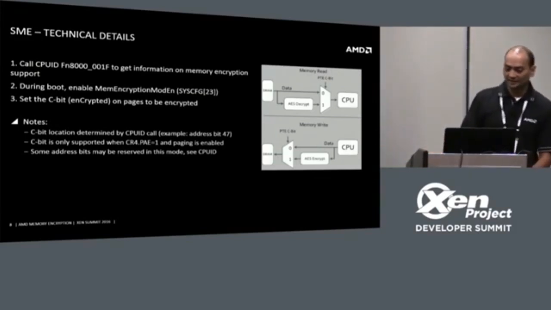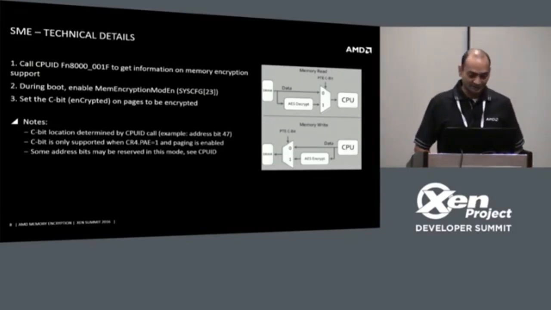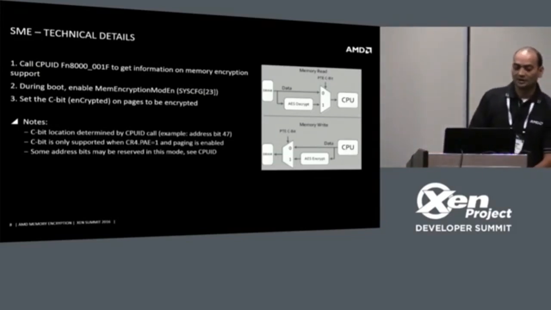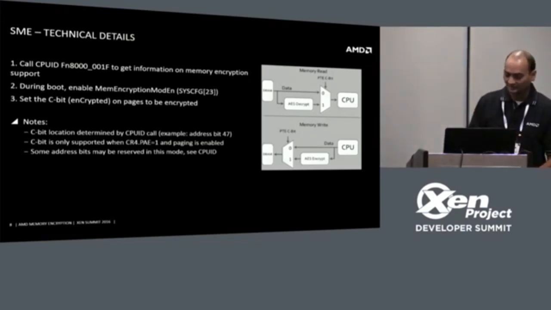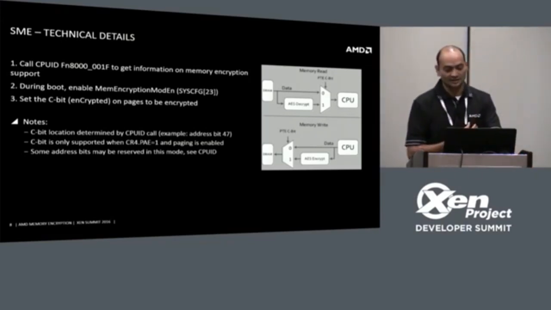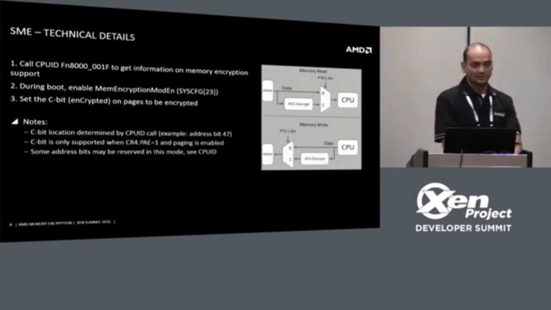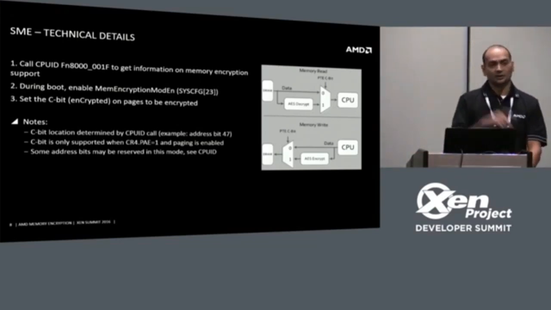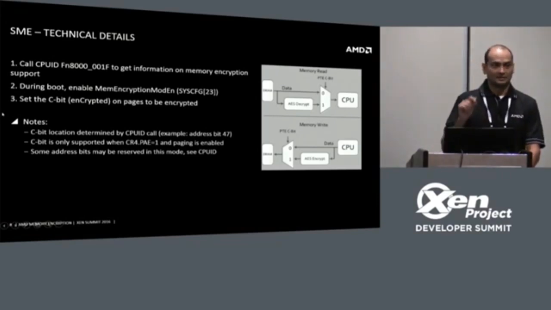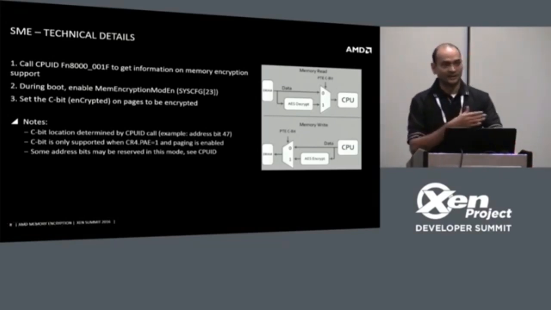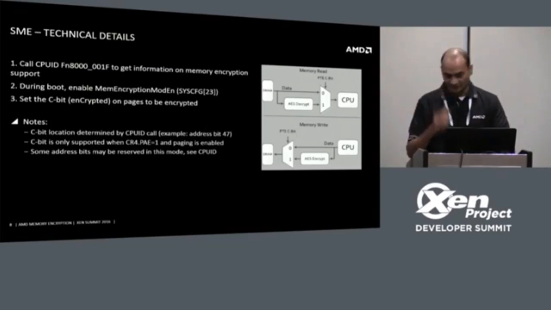So, a little more detail about the programming aspect of SME. Very simple: call the CPUID function and get the information on whether memory encryption is supported on the particular hardware. If it is supported, then set the SYSCFG MSR to set the memory encryption mode. Then in your operating system page table, set the C bit. If the C bit is set, then memory gets encrypted and decrypted as and when it's read.